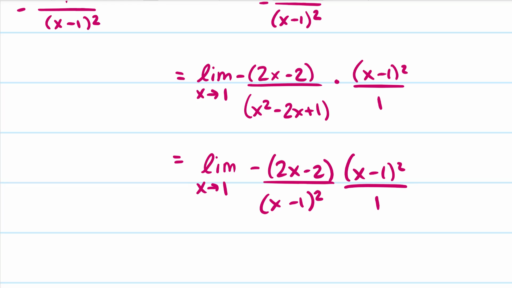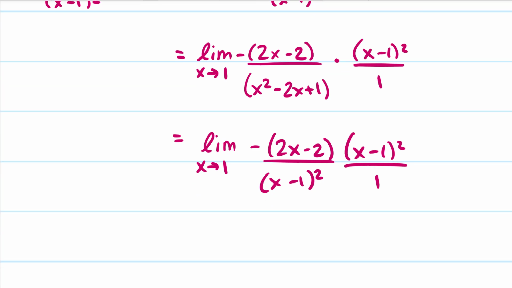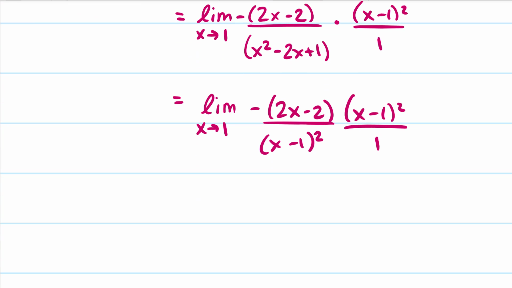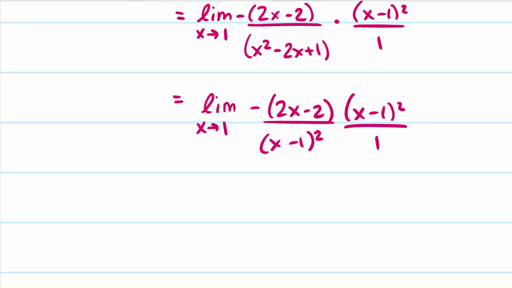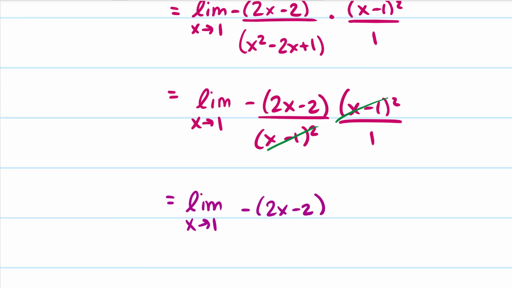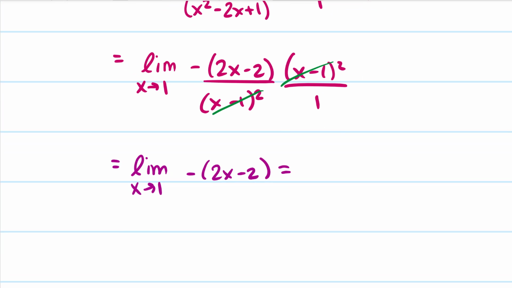This piece right here comes from factoring the denominator in the previous step. So these are going to cancel, and I get that this is equal to the limit as x approaches 1 of negative 2x minus 2. If I plug in 1, I'm going to get 0. And so we're almost done.